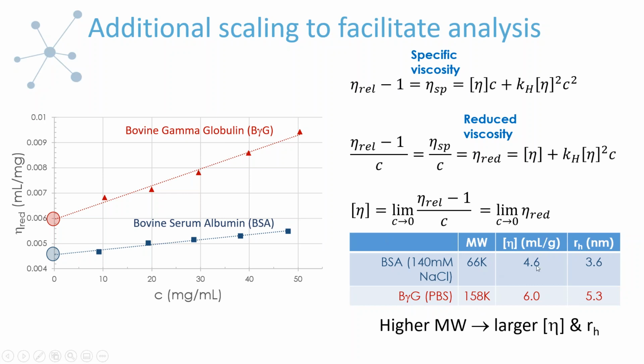And so we can see that, in fact, the intrinsic viscosity does increase with increased molecular weight, which is what you would expect. That could be valuable if you just want to have some sort of qualitative way of looking at trends in your systems.